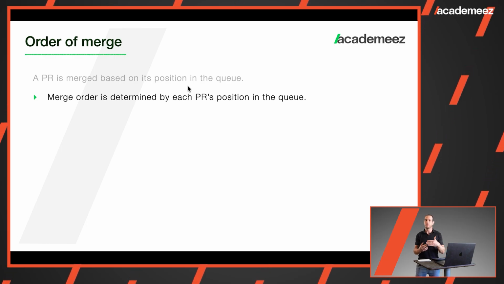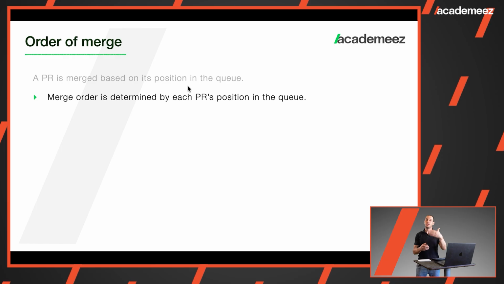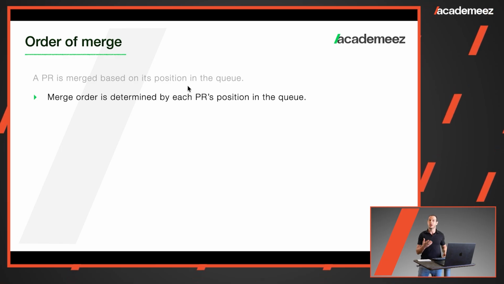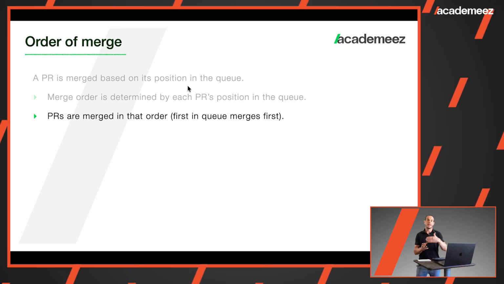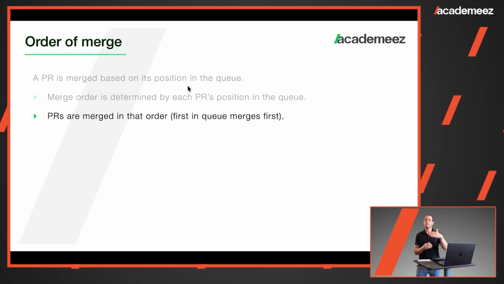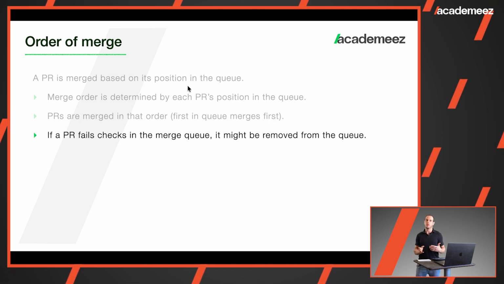If your PR is 5th in the queue, it's first going to merge the other 4 PRs before it merges your PR. And it maintains the order based on the time the PR entered the queue. If a PR fails the checks, it might be removed from the queue.